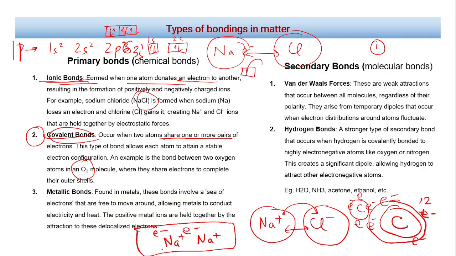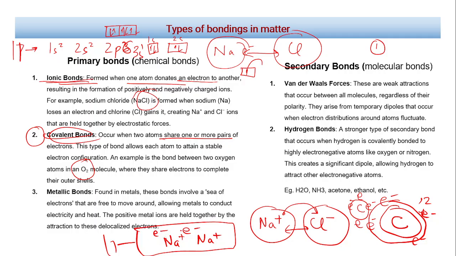But because they are loosely bound, just going around in the whole volume of the material, metals are good conductors of electricity as well as heat. As soon as we apply some voltage, they will start conducting the current, and if we start heating, they will carry the heat as well.